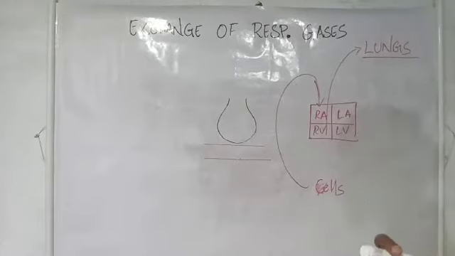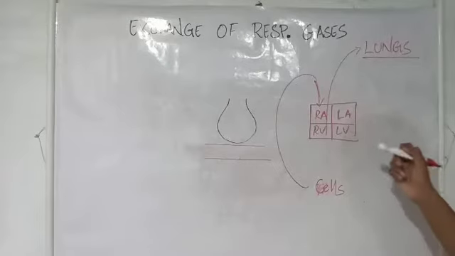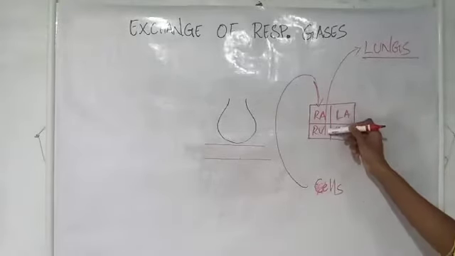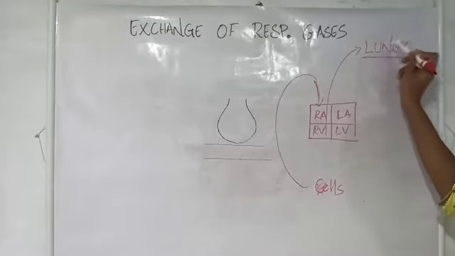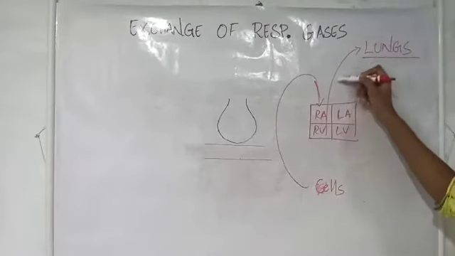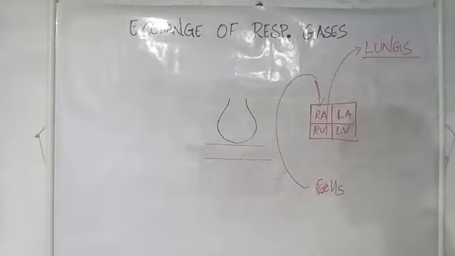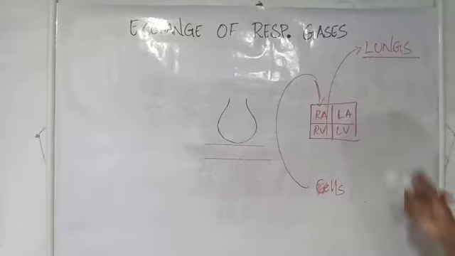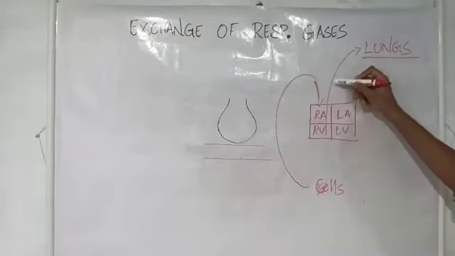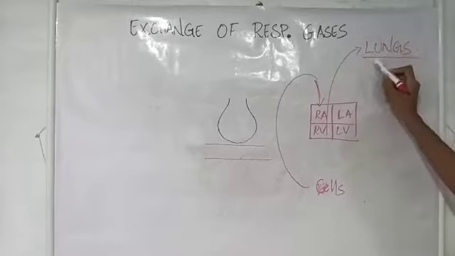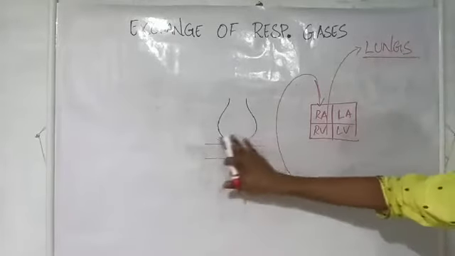The blood that has to go to the cells has to be oxygenated, and for that oxygenation process, from the right ventricle the blood moves on to the lungs through the pulmonary artery. The only artery that carries deoxygenated blood is the pulmonary artery. By means of the pulmonary artery, it goes to the lungs. From the lungs, all these processes will take place.